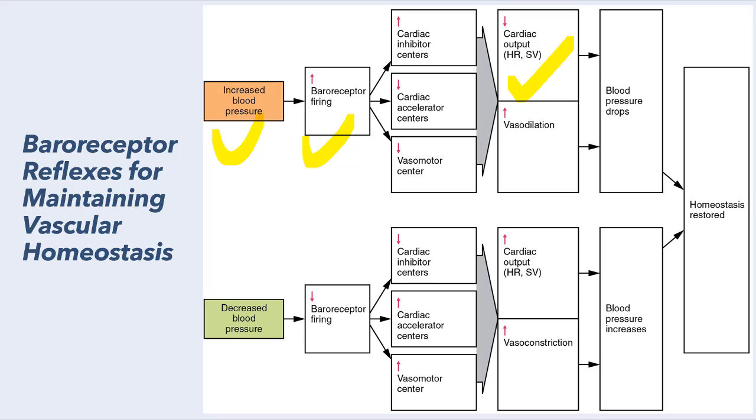So in this case, we're trying to suppress the sympathetic nervous system and stimulate the parasympathetic nervous system because we want to bring the heart rate down. And for the vessels, we want them to dilate because as the vessels dilate, there's an increase in the diameter of the lumen that will lead to less resistance, less blood pressure, bringing the blood pressure down.